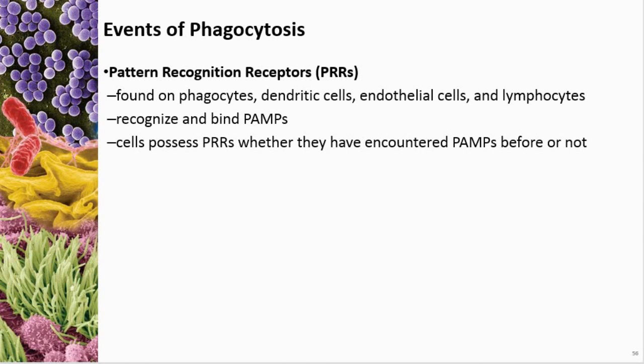And remember, this is innate immunity, built in, born with. So we don't have to come into contact with the bad guys in order to have these PRRs. We're born with these PRRs. The very first time we come into contact with a PAMP, this reaction occurs, which is not the same as our third line of defense, where we actually have to come into contact before we can recognize it a second time.